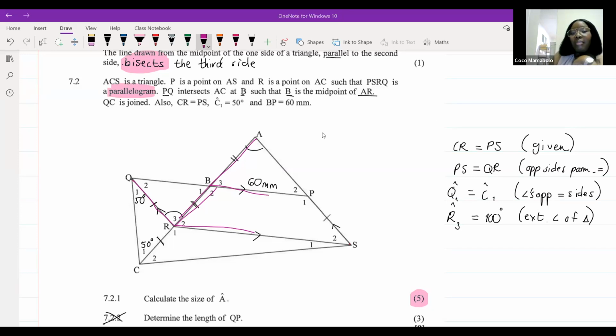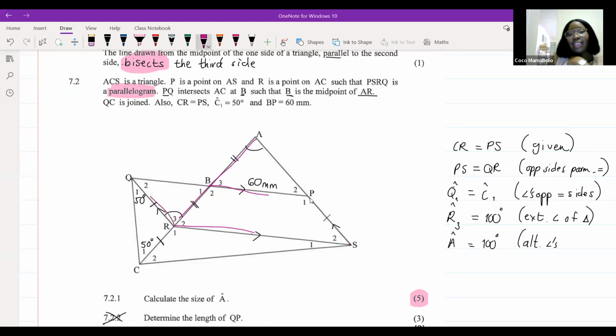I don't know how we've gotten to that conclusion, Onako, that B1 is equal to 130. Yes, correct. Who said that? A is therefore equal to 100 degrees because of alternate angles. It's either the F or the Z. It's the Z we're actually looking for.